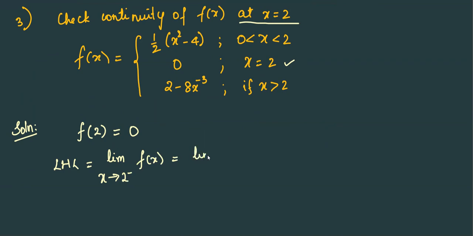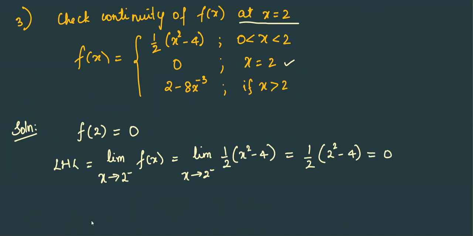So when x is slightly less than 2, x is approaching 2 from the left. The first case, this one. So f of x is half x square minus 4. Applying the limit, you get half into 2 square minus 4, which is 0.